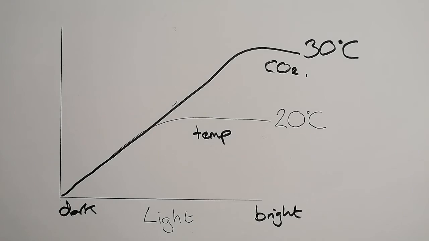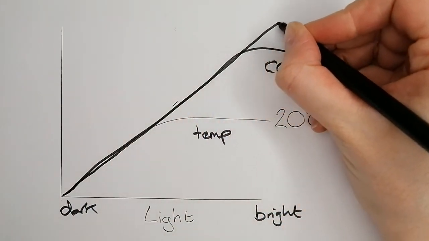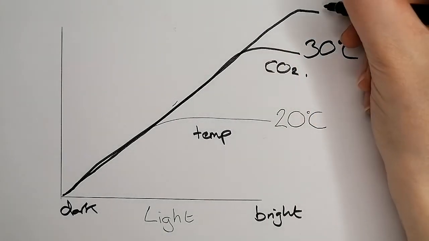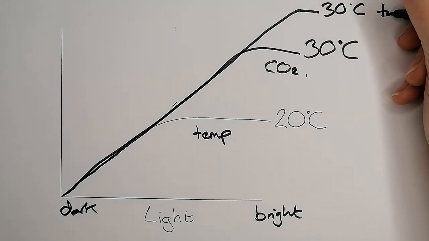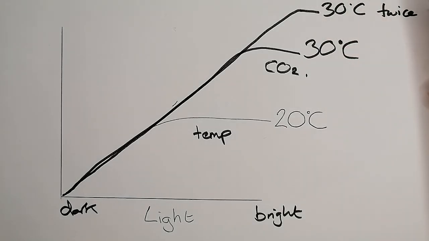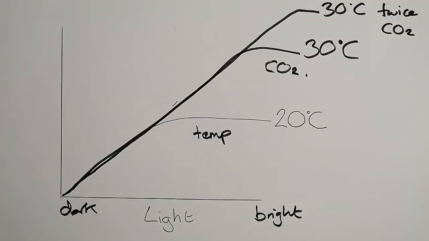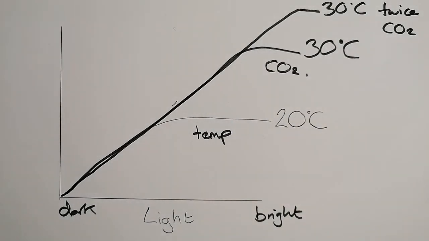And then we would have another curve drawn on here. So it would follow the same trajectory and it would go a little bit higher before it balanced out again. So this would be 30 degrees, and this would be with twice our normal amount of carbon dioxide. Either way, you still get an increase and eventually you will get to a plateau.